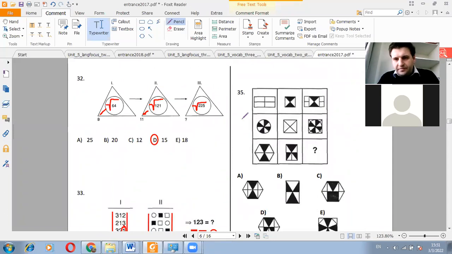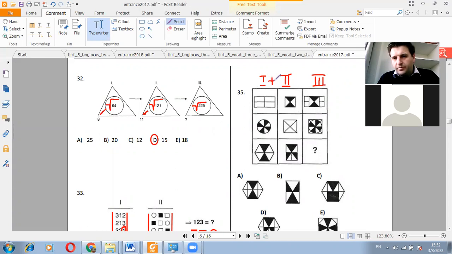Question 35. Okay, we have shapes, and so shape row number 1. This row is number 2, and shape row number 3. So again, basic maths here.